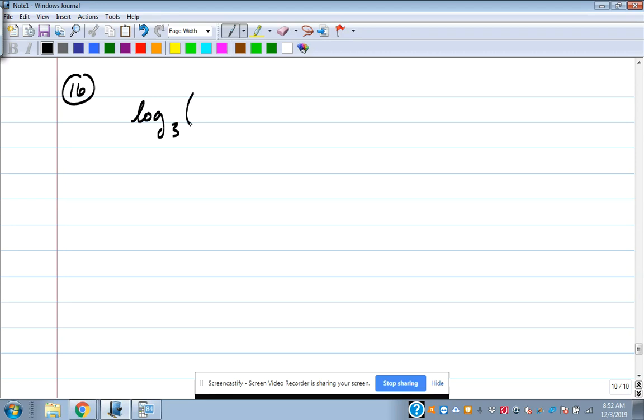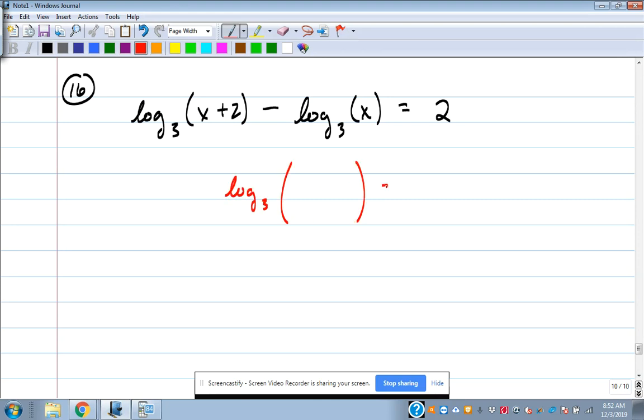Log base 3 of x plus 2 minus log base 3 of x equals 2. Yeah. Subtraction is division. So if we condense that left side, that becomes log base 3 of what?